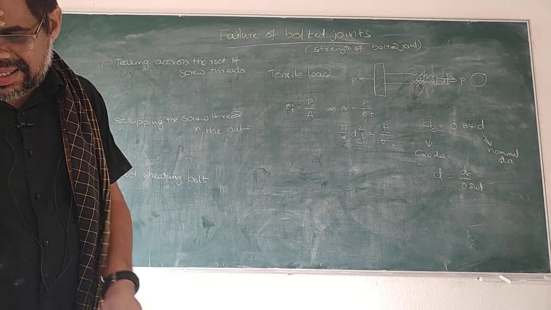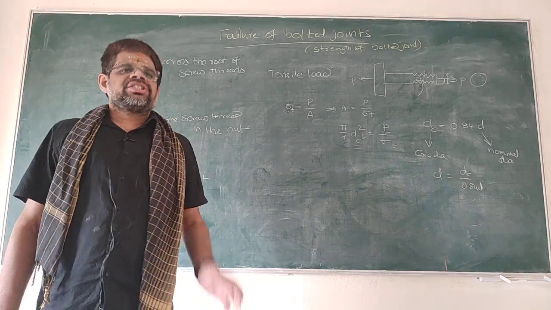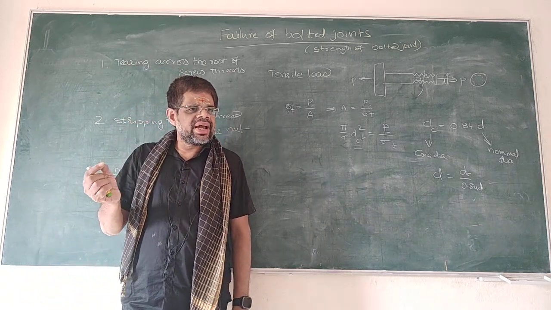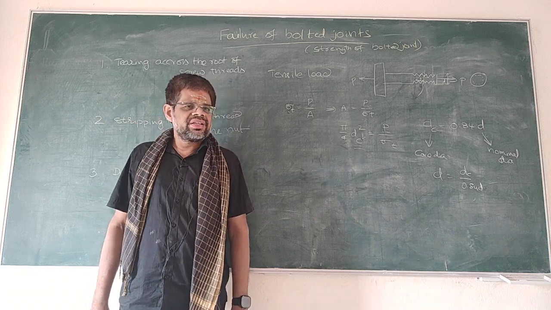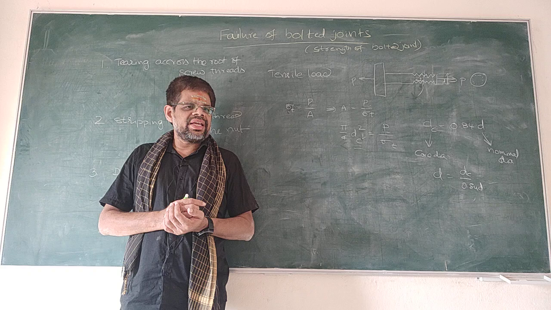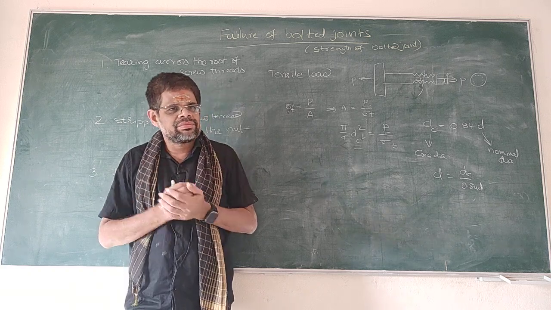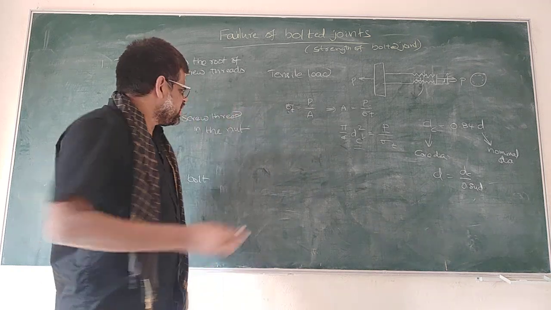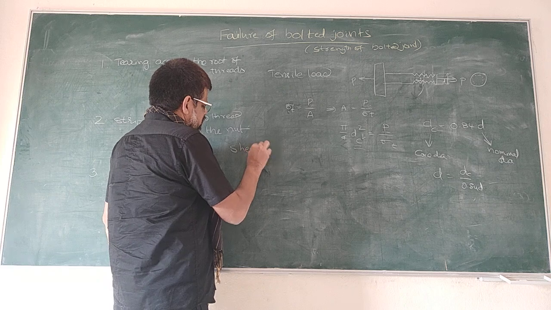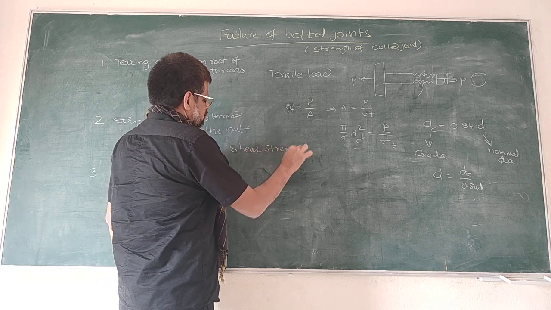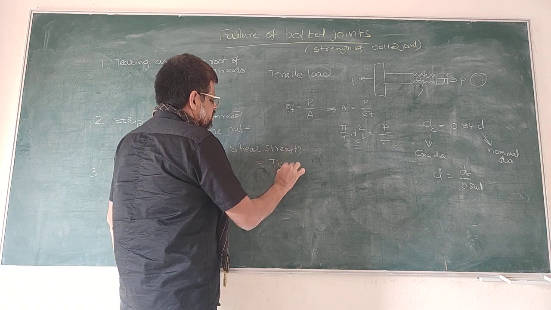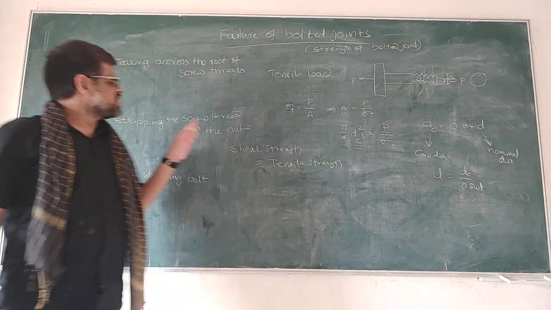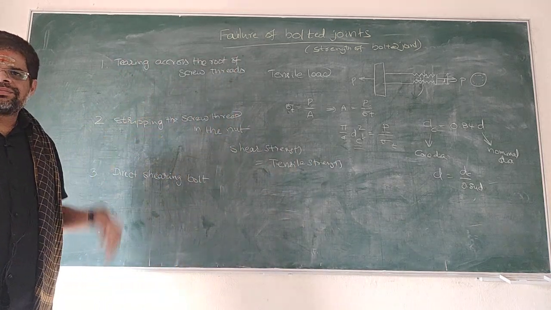So in order to prevent this, we must increase the shear strength. Every bolt will have both shear strength and tensile strength. Shear strength is the maximum ability of the material which can resist the shear load. Tensile strength is under tensile load. So if you can make the shear strength equal to tensile strength, then this type of failure can be eliminated.